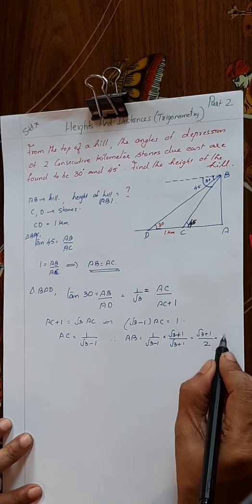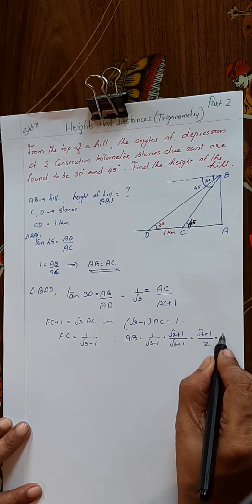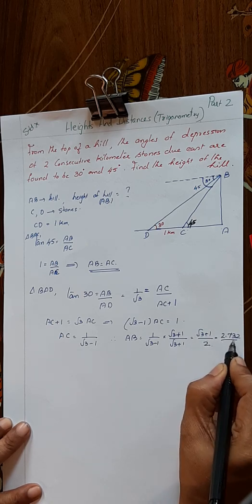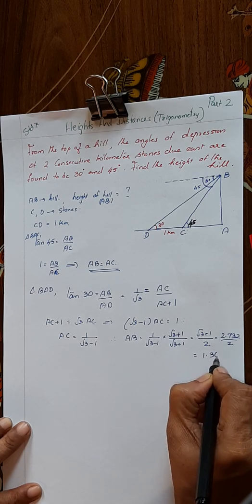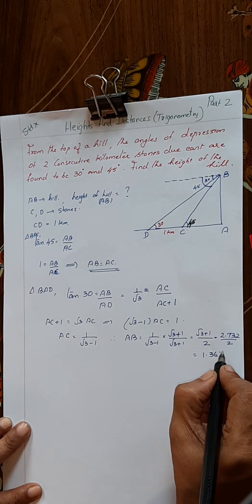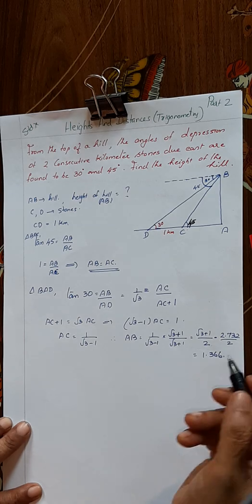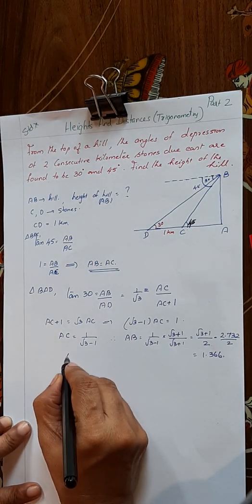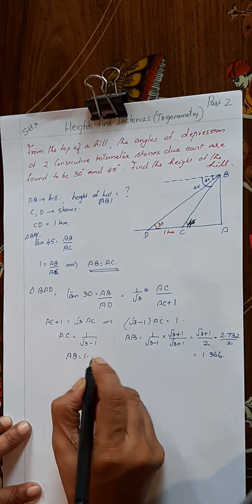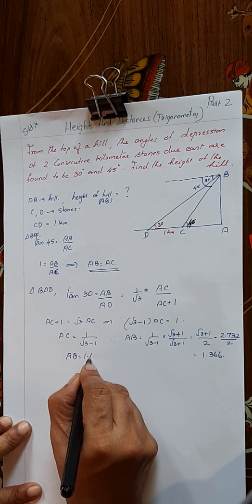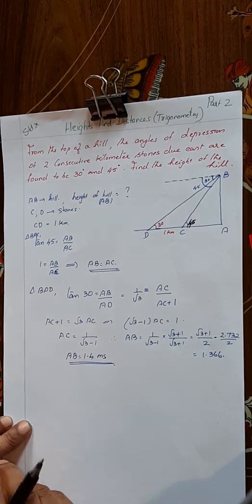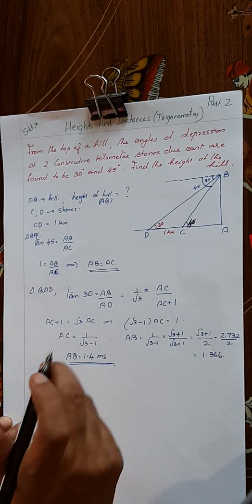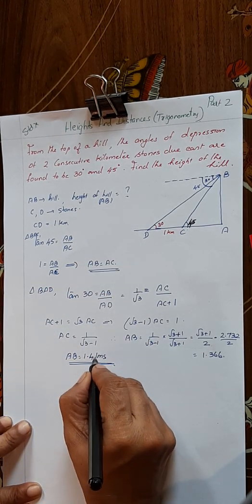We know root 3 is 1.732, so 2.732 by 2, which is 1.366, so 1.37. So approximately AB, the height of the hill, is equal to 1.4 kilometers. Sorry, kilometers, I'm sorry.